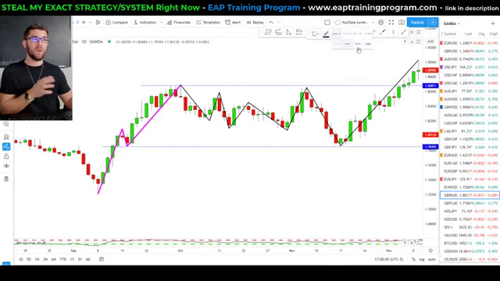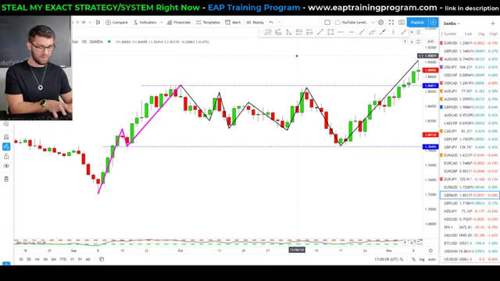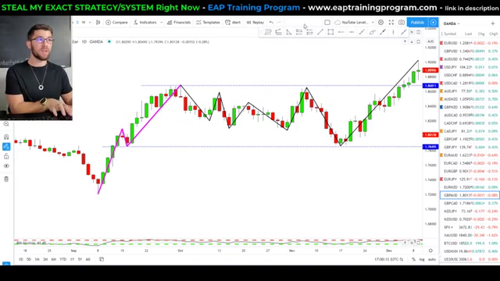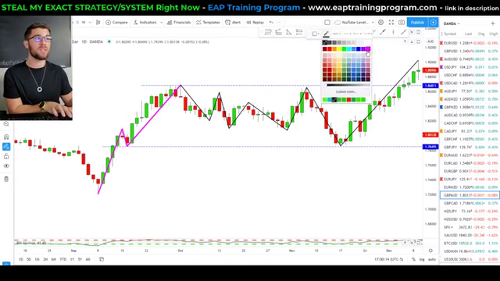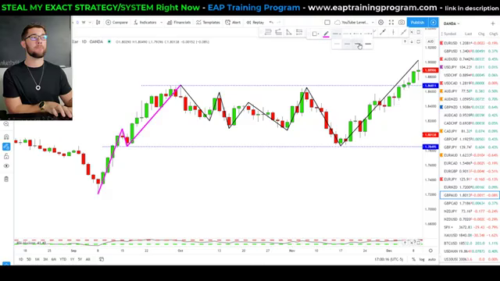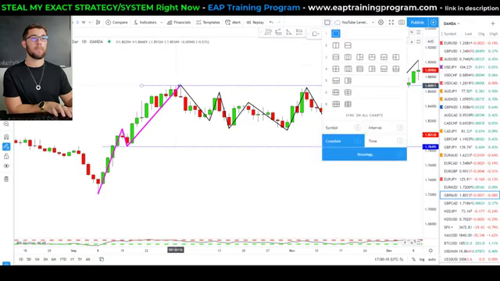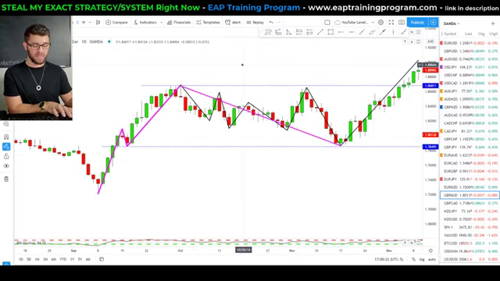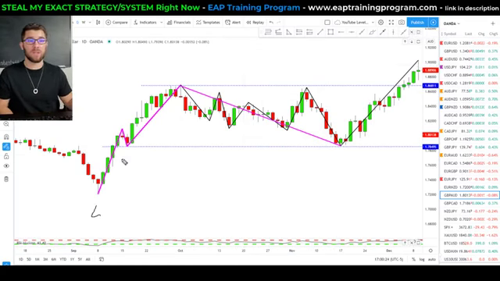So this entire area is part of the retracement from our previous higher high to our new higher low. So if we're drawing this in, now we have low, higher low, higher high, higher high, and higher low.